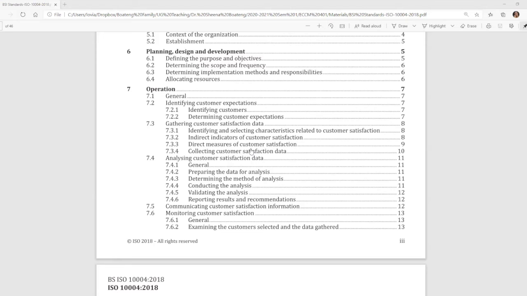Repeat after me: statistical, package, social sciences. Good. Hence the acronym SPSS. And it is a data analysis software. It helps us to be able to analyze data.